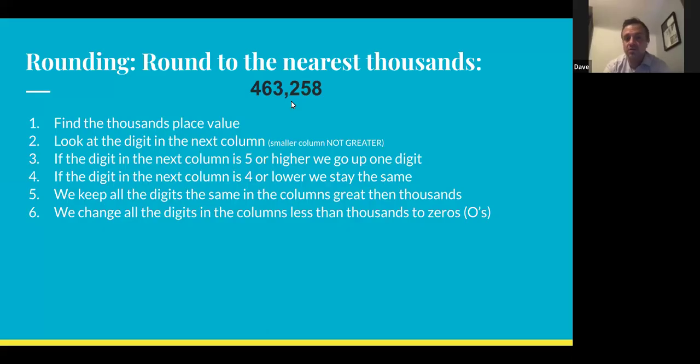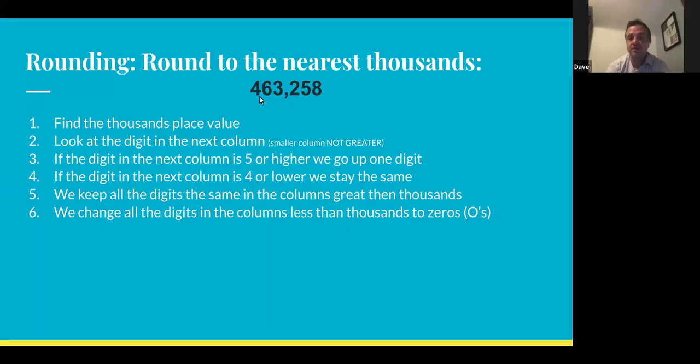So I see that this number is a 2. What I know is if this number 2 is 5 or higher, I change my 3 to the next digit, which is a 4. If my column is 4 or lower, I know that it stays the same.